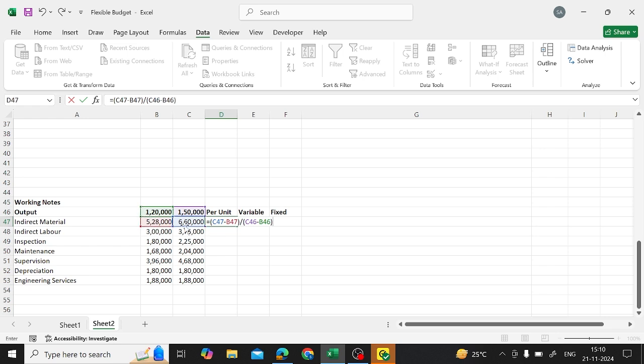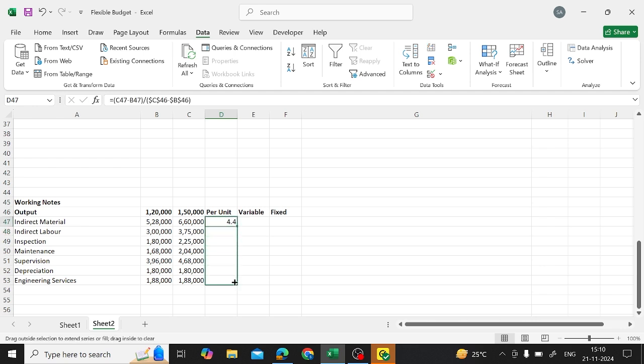If we apply the same formula for all, the cost may be different but the levels of output will remain the same. So we have to make this fixed, and similarly this one also. Now we can get the per unit cost, and now I will drag this formula here.